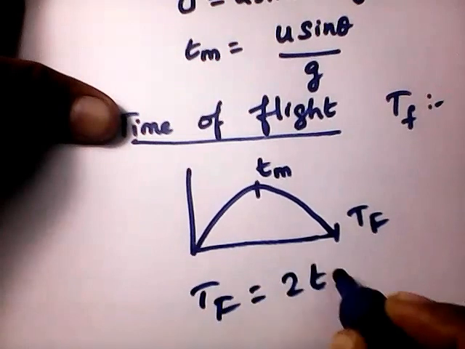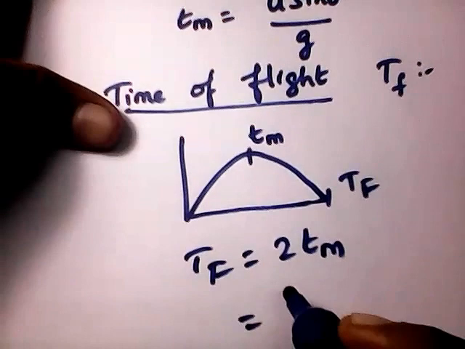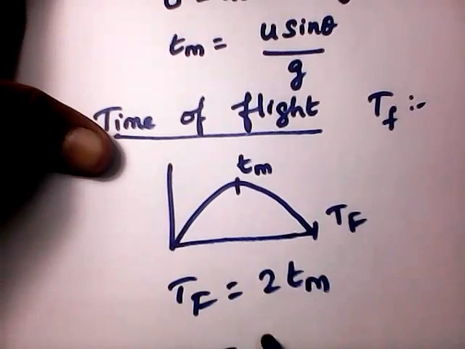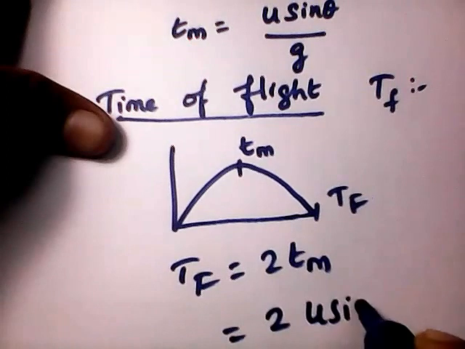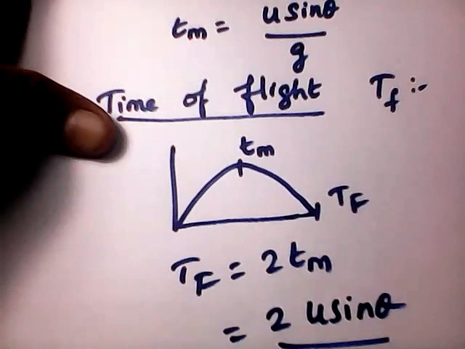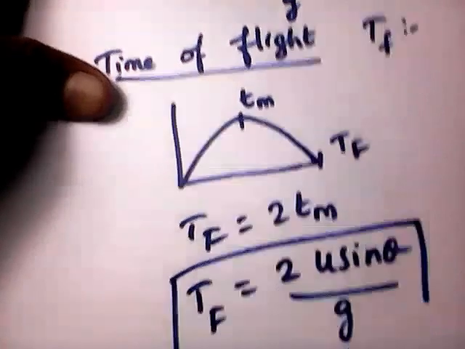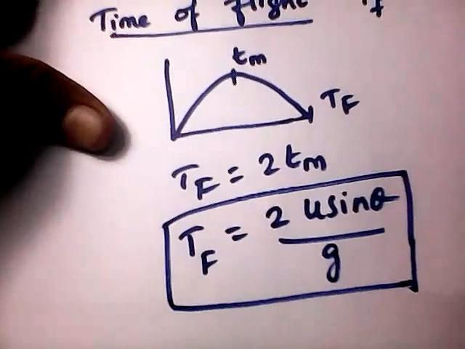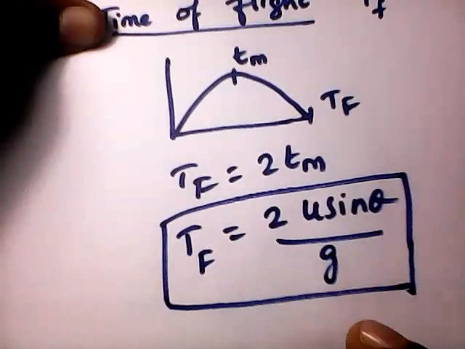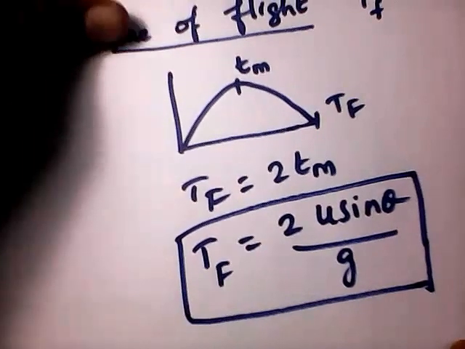Here Tf is equal to 2 times Tm, hence the value comes to 2 into u sin theta by g. This is called the time of flight.